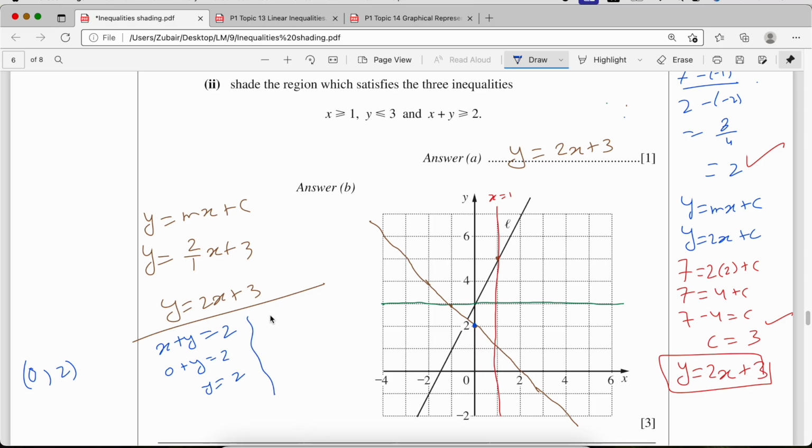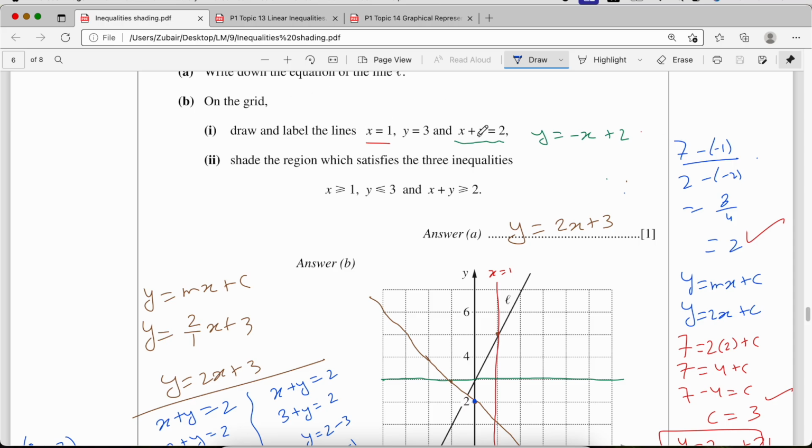Second point, any other value. x plus y equals 2. Let's say I'm selecting x as 3. 3 plus y equals 2, y equals 2 minus 3, y equals minus 1. So when x was 3, y was minus 1. This is the second point. This is x 3, this is y minus 1. So you now join these two blue points with a ruler, and you'll end up with the same line.